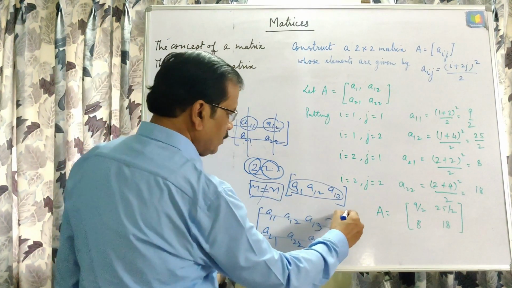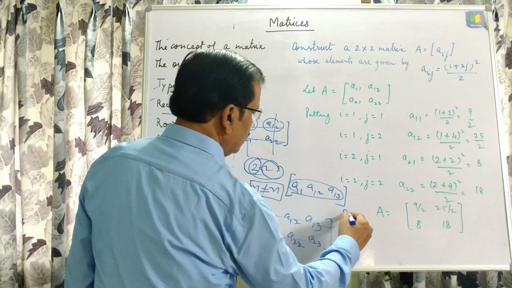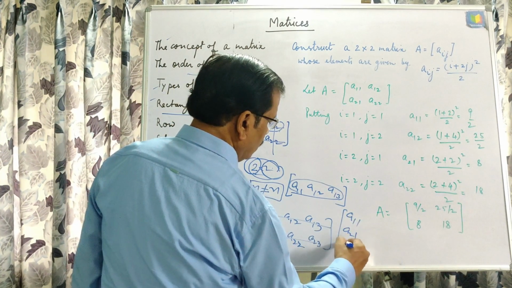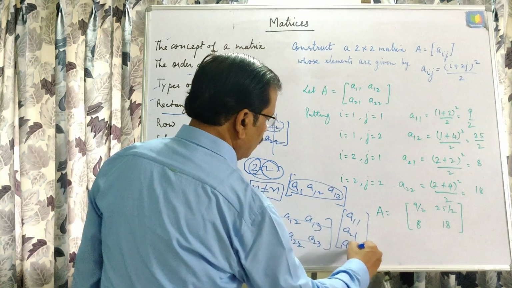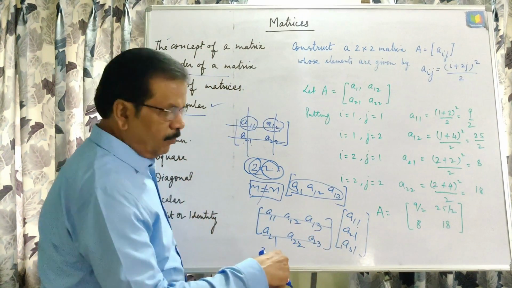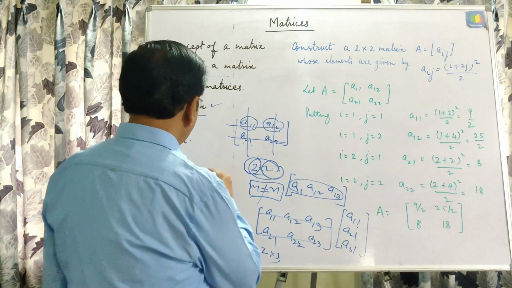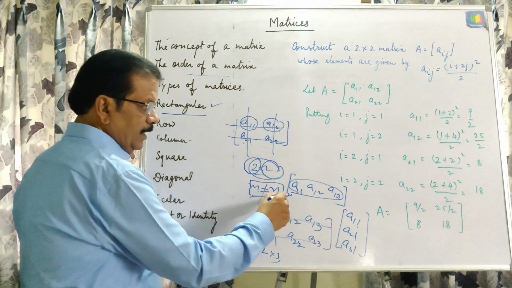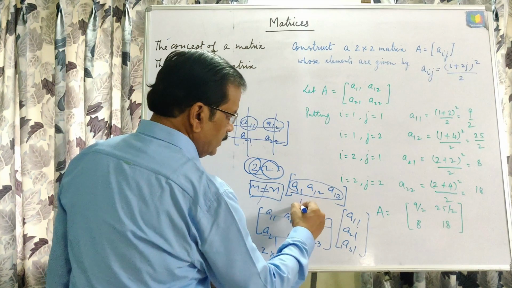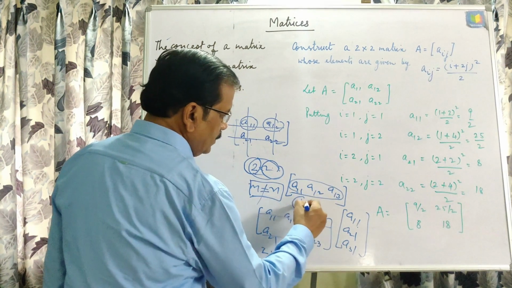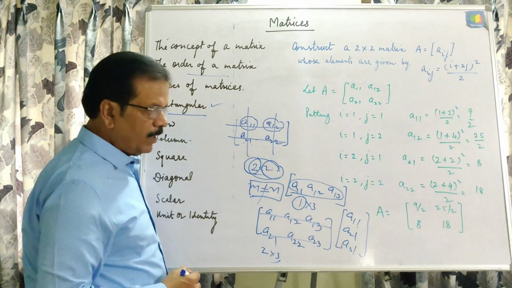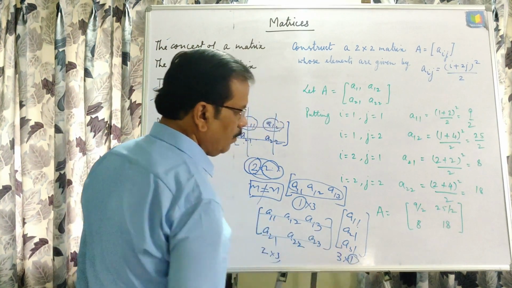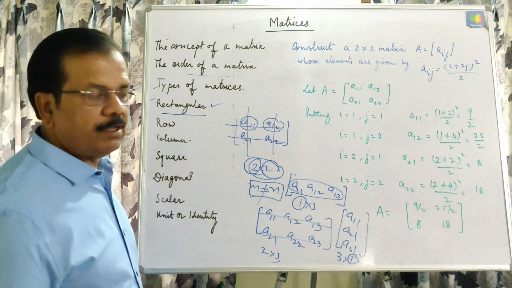But if in place of this we write it this way, first row first column, second row first column, and third row first column, in column form, we can say this is a column matrix. In this case you can see this is 1 cross 3, meaning the number of rows is 1, and here you can see 3 cross 1, that is the number of columns is 1 in a column matrix.